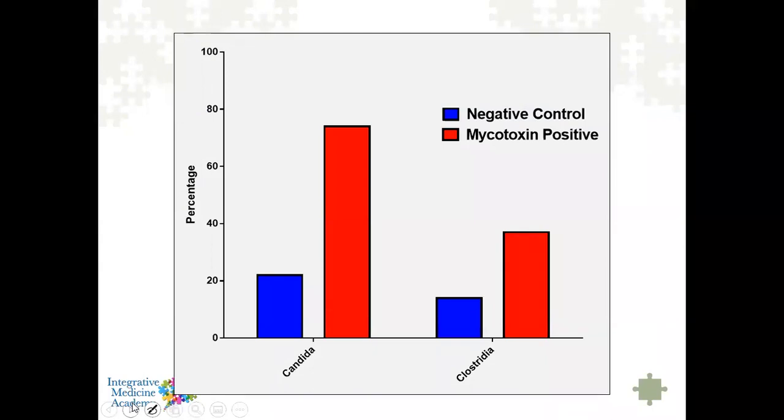And this is what Great Plains has seen now for years, is that those individuals who tend to have the highest levels of Candida or Clostridia markers or recurrent problems often have mycotoxins somewhere in the environment, likely just causing immune suppression at various levels as well as within the digestive tract.